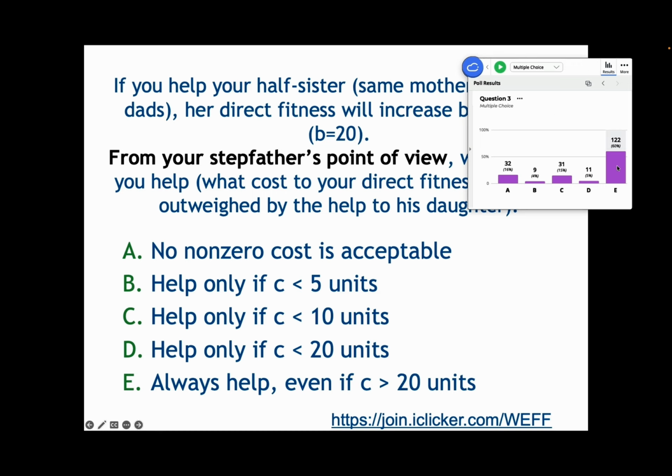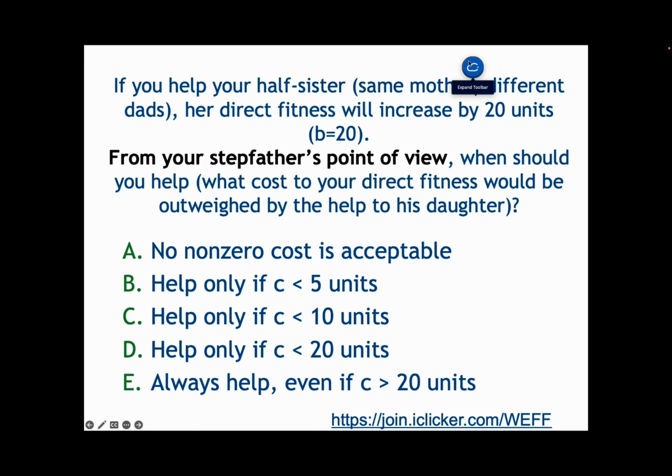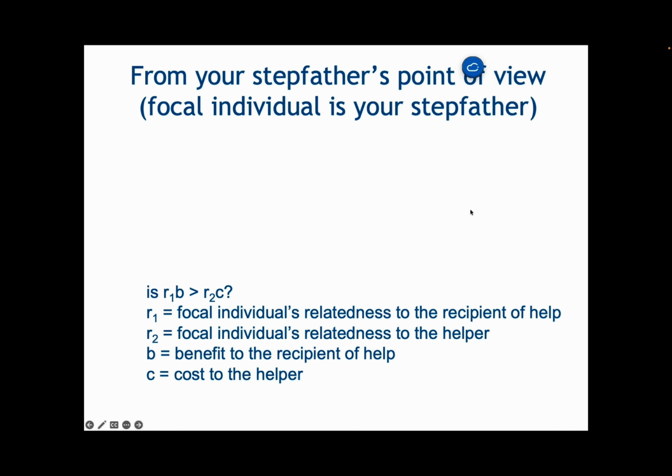From the point of view of your stepfather, an individual that is not related to the helper but is related to the individual receiving help, again, our R sub 1, his relatedness to the individual receiving help is 0.5. His relatedness to you, to the possible helper, is 0.